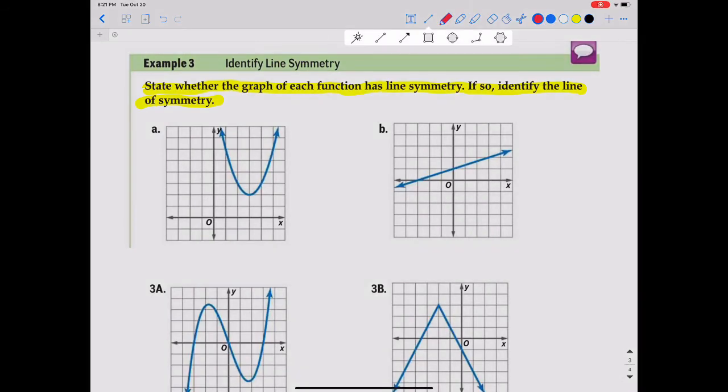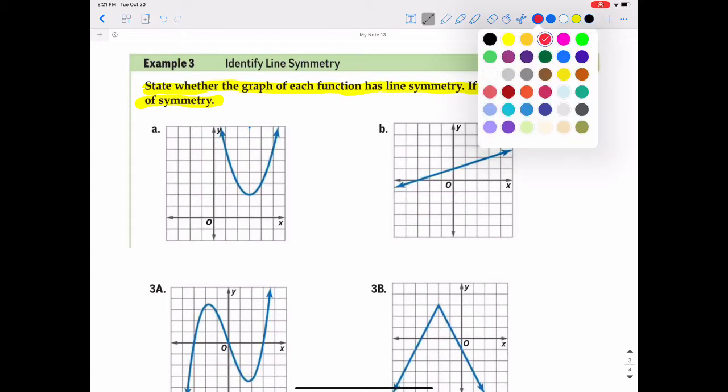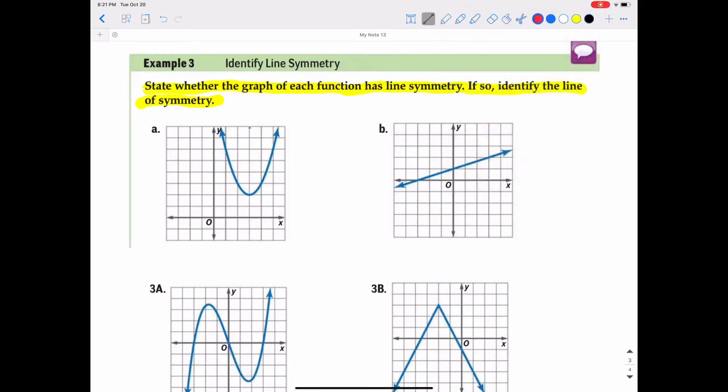If I can find my straight line, there we go. If I draw a straight line right through here, let's change colors actually. I want to use a different color. There we go. Right through there. There's a red line. So yes, this does have vertical line symmetry.